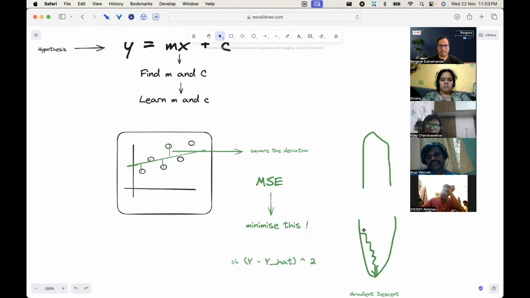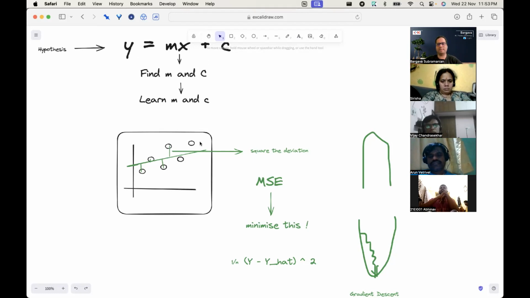In the next step, m is perturbed by a small value in the direction of my gradient, and c is perturbed in the direction of my gradient in a very small way. The next value of y hat will give a mean square error that is lower. It was this much, and it's going to be lower. It's going to keep going until it hits the lowest point.